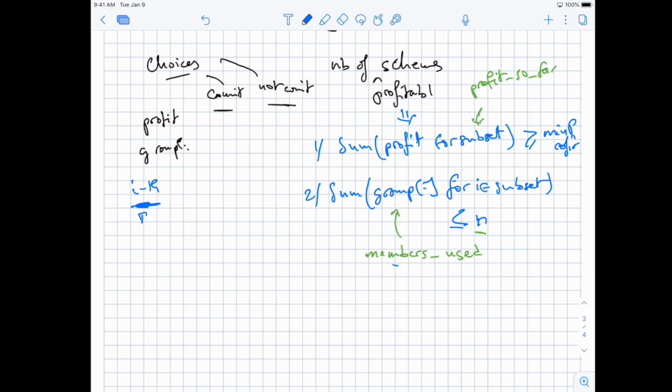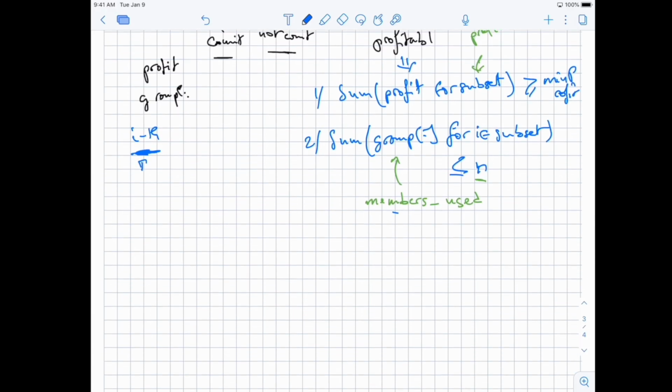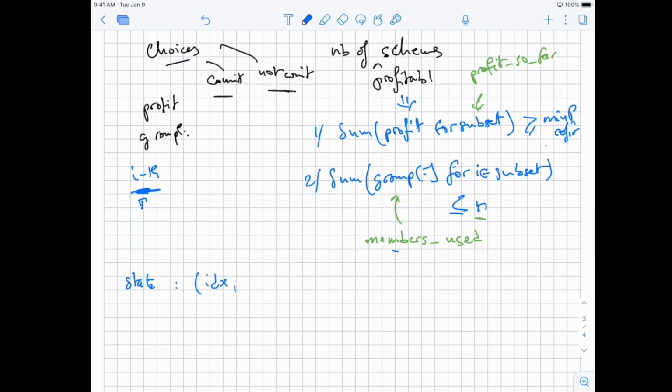And so we also need the position. Now we know the state of our function, which will need to be basically the index, the profit so far, so that we can make sure we don't exceed here, and then the members that we used. Okay?